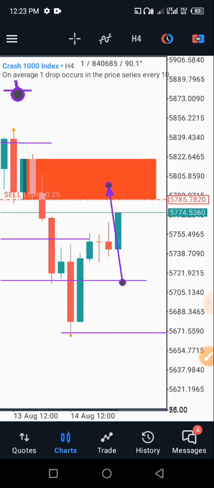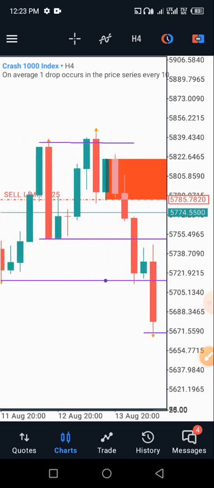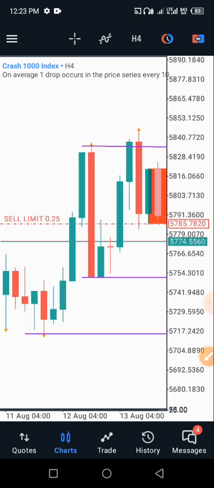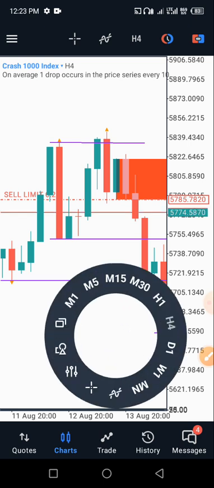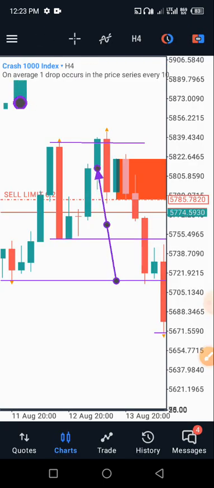So the first thing we want to do is to look out for our liquidity sweep. Now remember, in our previous video we said that liquidity sweep always happens when the buyers take out sellers. Remember, the people that sold here placed their stop loss above here.